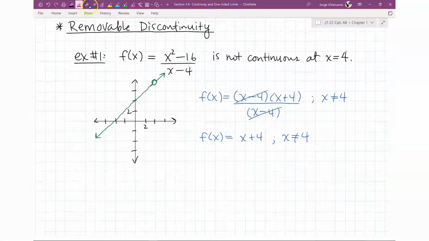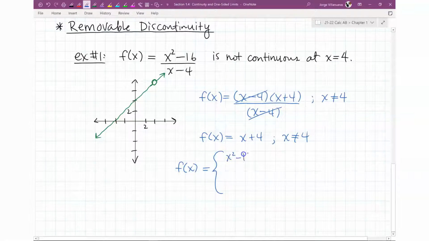So this is what I'm going to do. If possible, I can rewrite a function and make it have removable discontinuity. Okay, so as long as x does not equal 4, it can be that function.